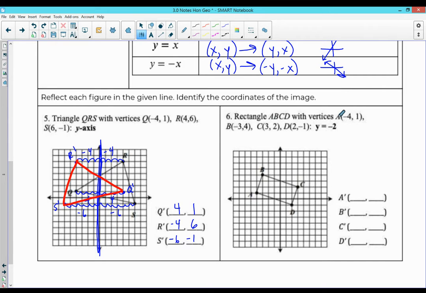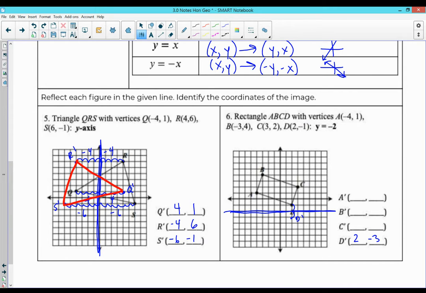So now I'm reflecting this rectangle over the line y equals negative 2. So that's down here. D is only 1 away, so I'm only moving it 1 away again. D prime. My x value stays the same too, but my y value, I have to subtract 2 from that.